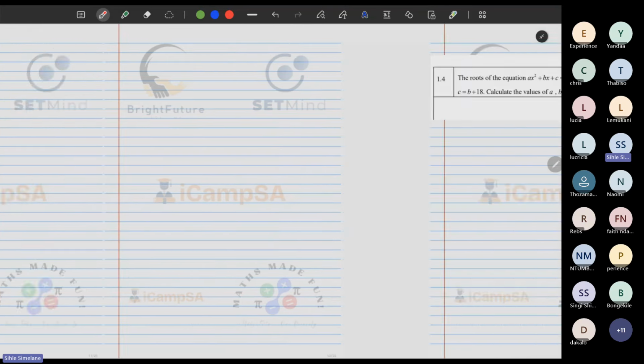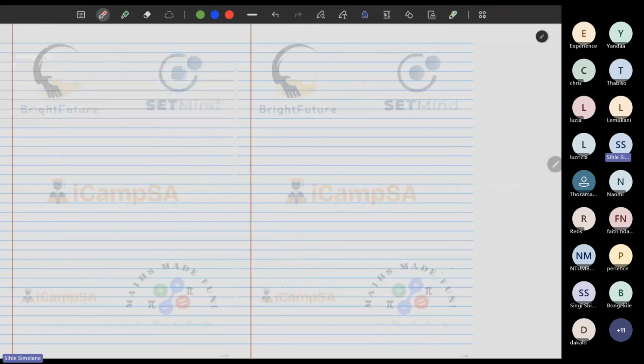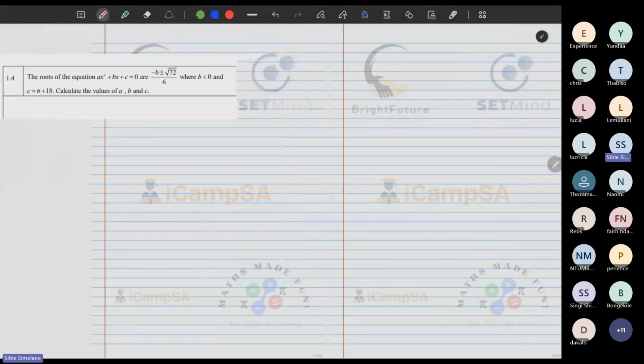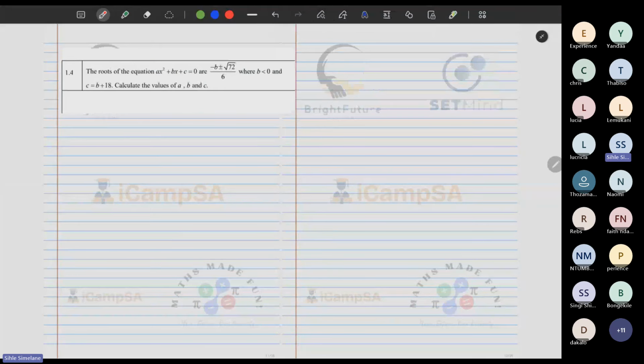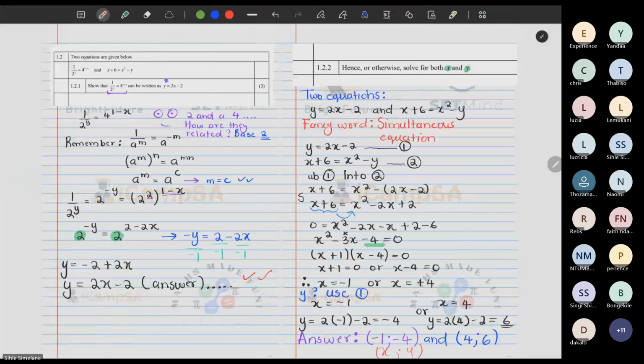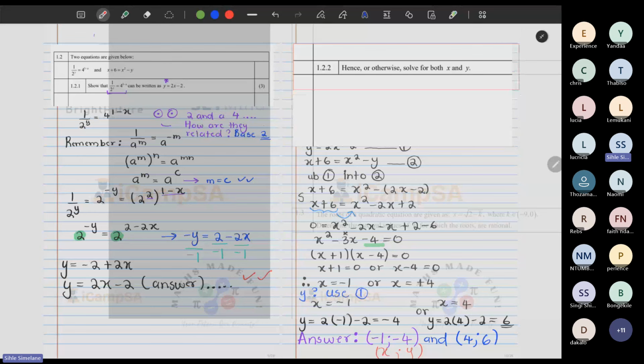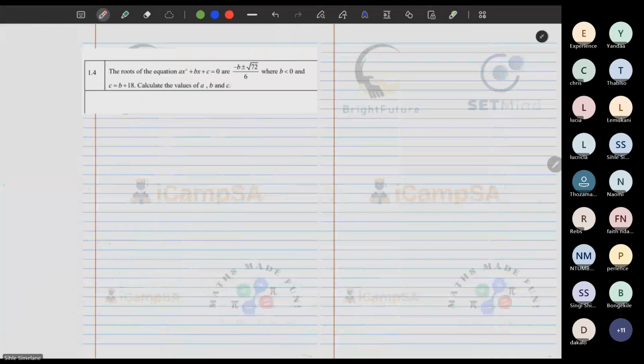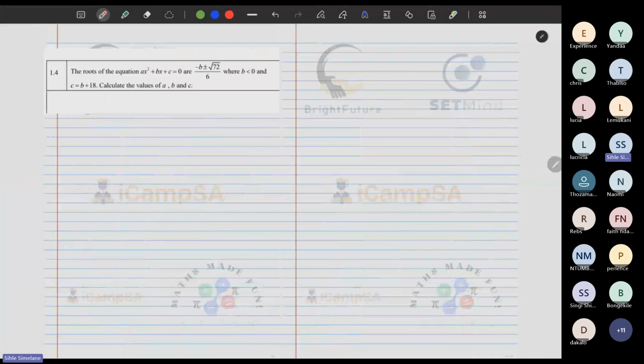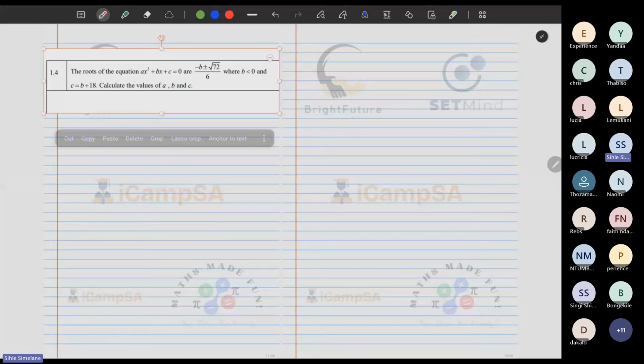Let's move. So next, guys, we have this question here, which is on the nature of roots. Let me see something here. Okay, that is done. 1.4. Let me see if I didn't skip any question here. Just give me a second.